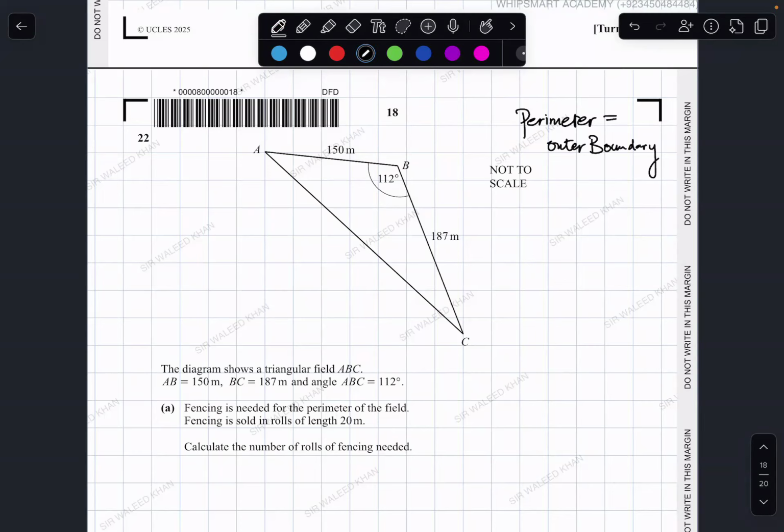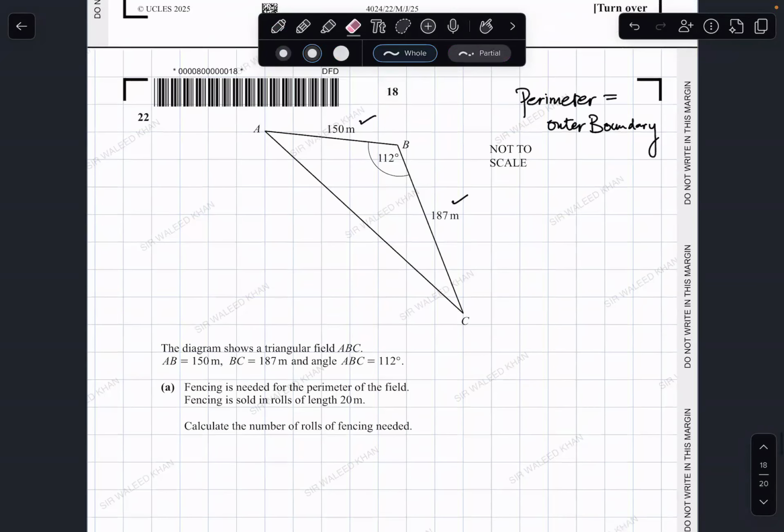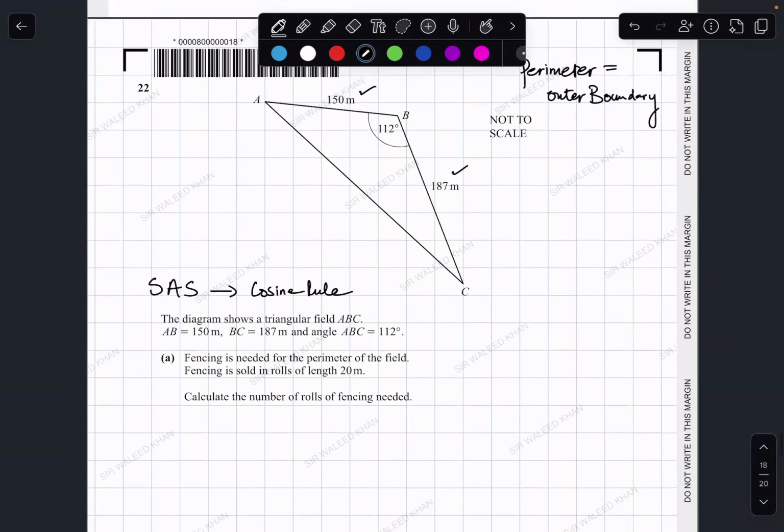To figure out the outer boundary, I have this length, I need this AC. Right? So it's a non-right angle triangle, and we have two sides and an angle in between. So for this condition, we can apply cosine rule. Side angle side. Two sides and an angle in between.